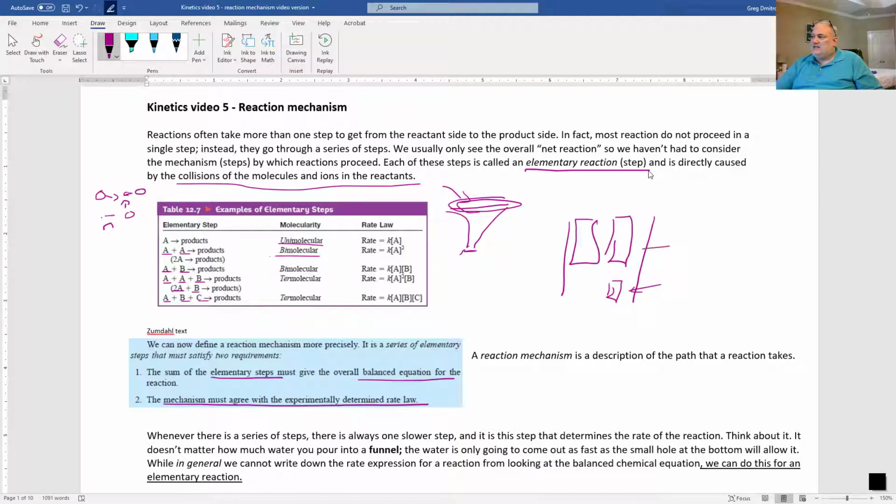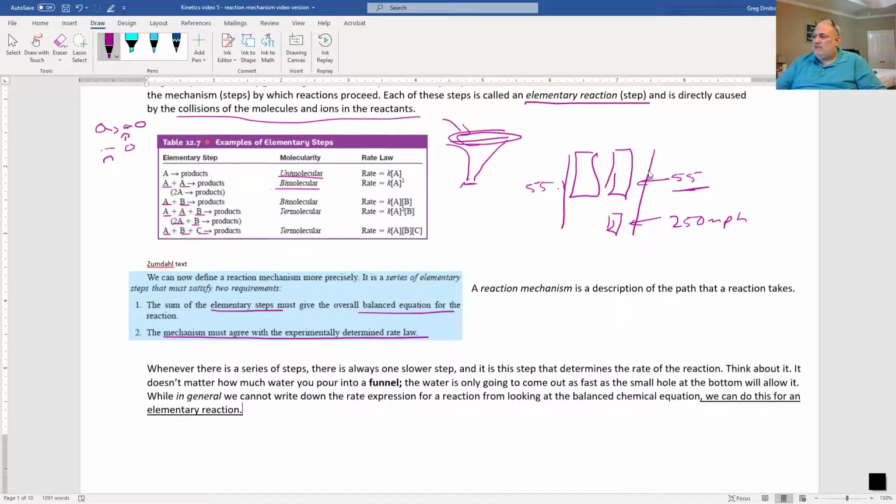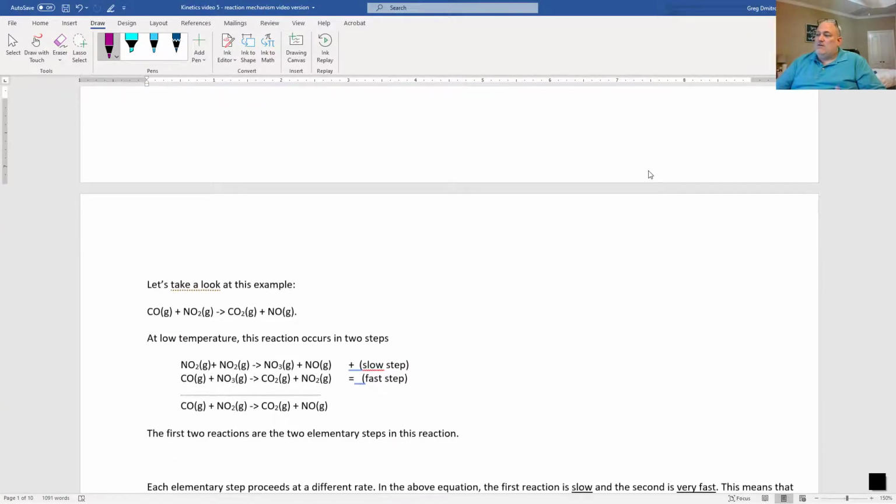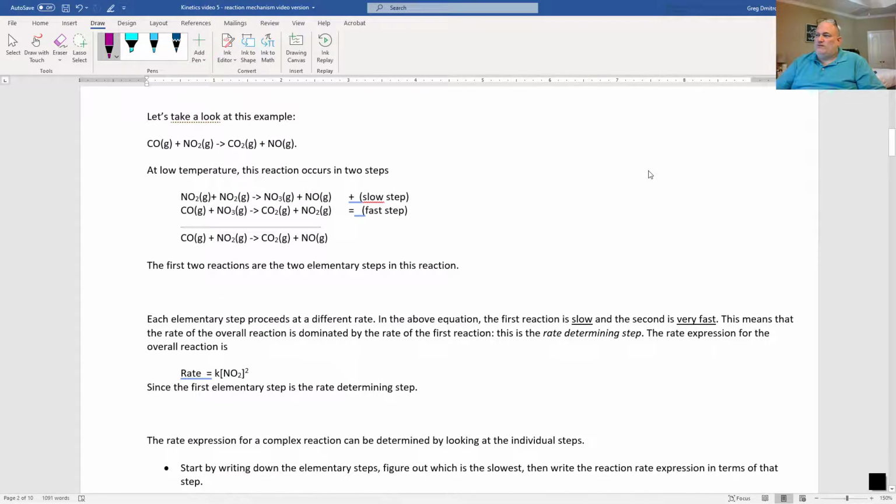So if this guy's going 55 and this guy's going 55.1, and you could go, I don't know, 250 miles per hour, you are still going to go at the 55 mile per hour speed. That's probably not the greatest example, but hopefully you understand that whenever we have a multi-step reaction, you only go as fast as your slowest step.